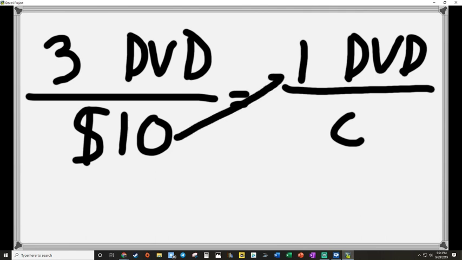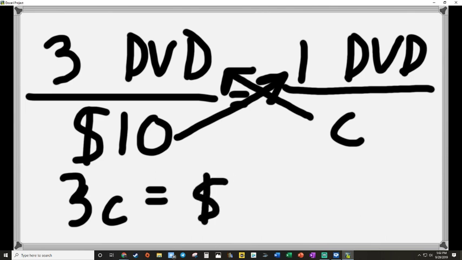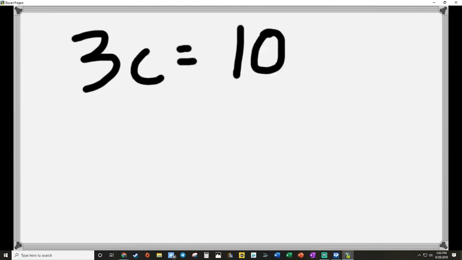So we're going to do cross multiplication, which is $10 times 1, and then C times 3, or 3C. So 3 times the cost equals 10. Now we need to get C by itself to give us an idea how much it's going to cost us. So I'm going to rewrite 3C equals 10.